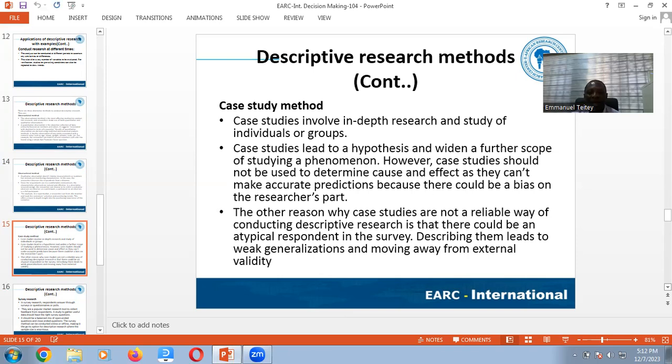The other reason why case studies are not a reliable way of conducting descriptive research is that there could be an atypical respondent in the study. Describing them leads to quick generalization and moving away from external validity.